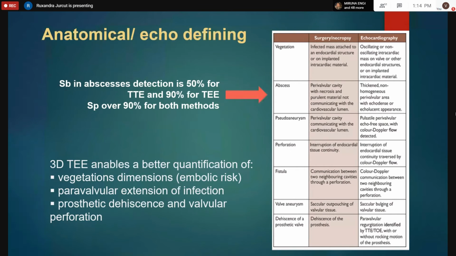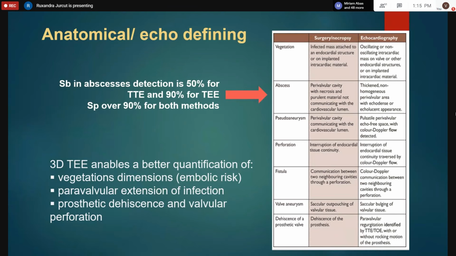And here you have a list of the various structures or abnormal findings with echo. So vegetation, abscess, pseudoaneurysm, which you will see in a minute as an image, which is a sort of perivalvular cavity which communicates with the lumen, a perforation of the valve that I showed you before, a fistula, which is actually a communication between cavities due to the perforation, but not of the valve, but of a wall.